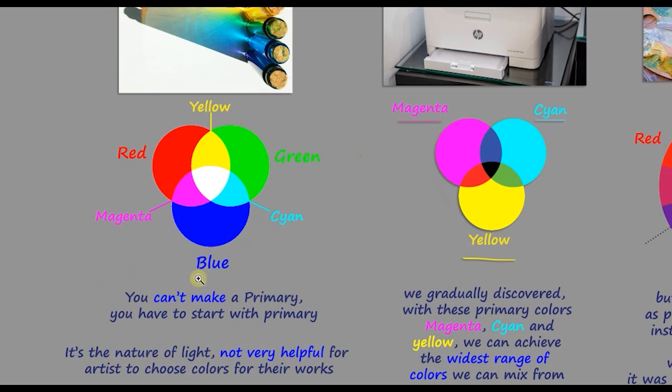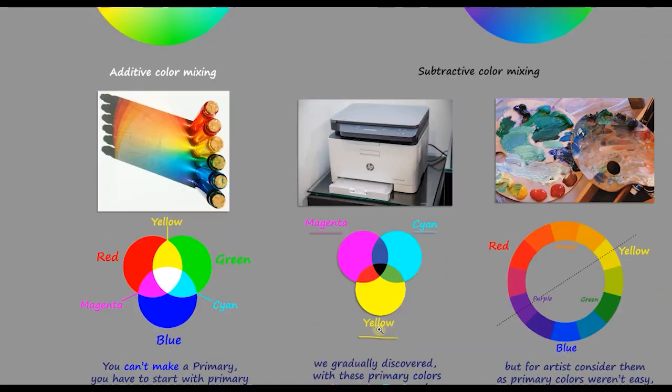Red, green, and blue as primaries are the nature of light, and it's not very helpful for artists to choose colors for their work. What is secondary color here, cyan, yellow, and magenta, is primary color in printing. If you search for subtractive color wheel, you will find both of these color wheels.